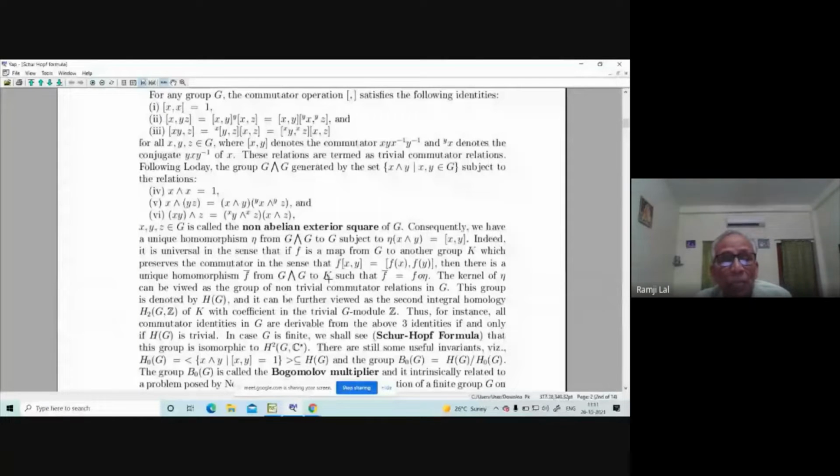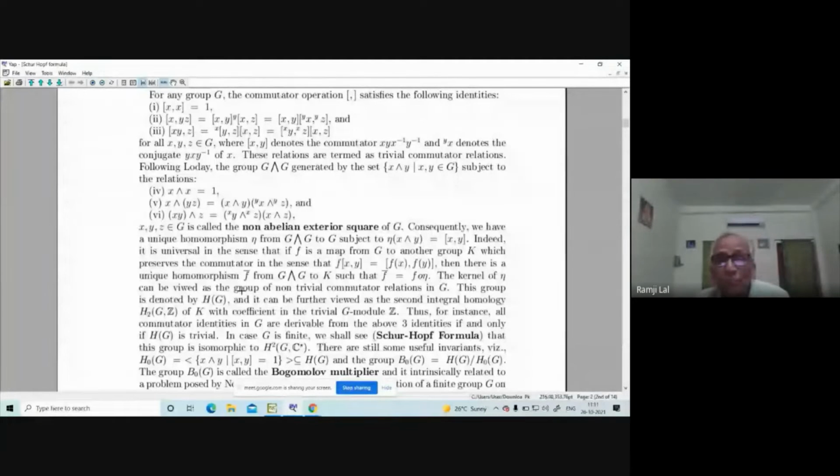The kernel of eta can be viewed as a group of non-trivial commutator relations on G. So given any group G, it already satisfies all these three conditions, first, second, third, but it may satisfy some more conditions, and what more specific identities are satisfied for this particular group G is that information is incorporated in the kernel of this map.